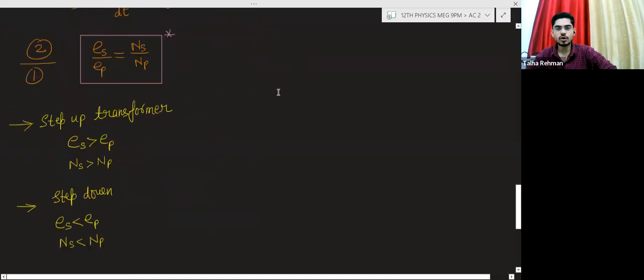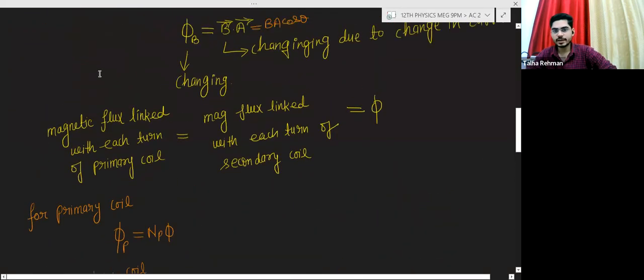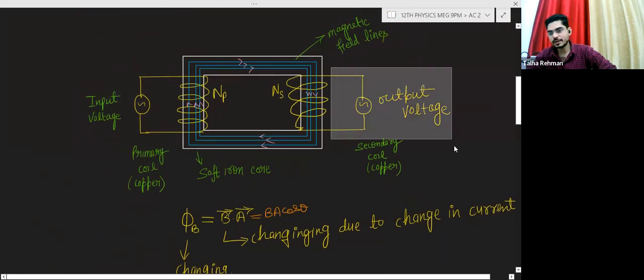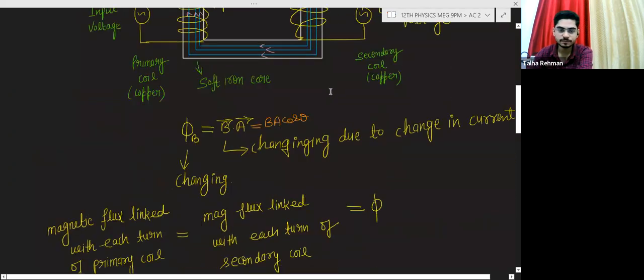Input power is equal to output power. Here you are supplying the power, and same power you are getting here.